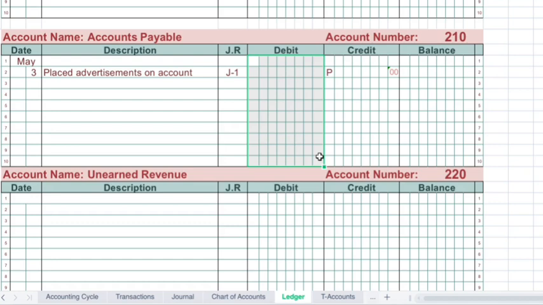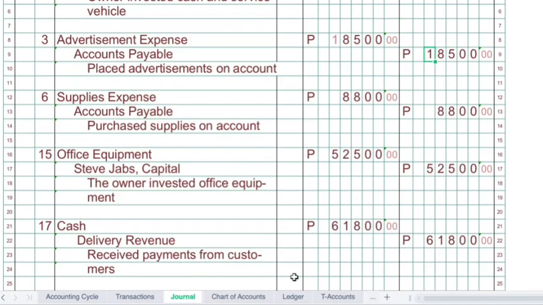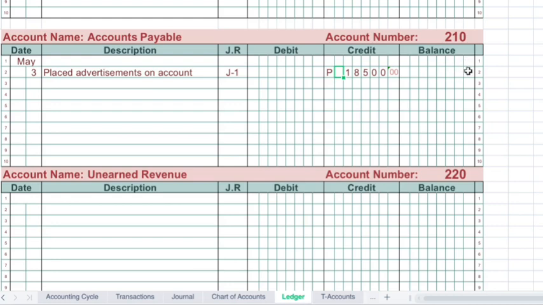Okay? Unlike dun sa cash kanina. So, 18,500. So, ang balance natin is positive 18,500.